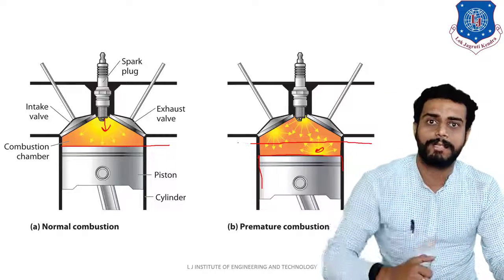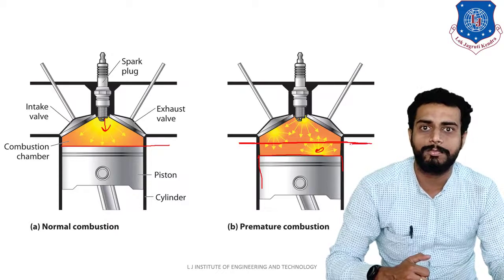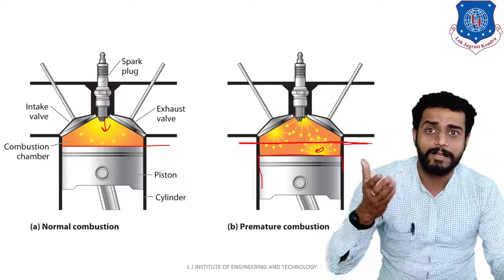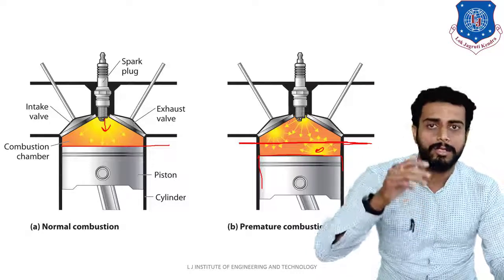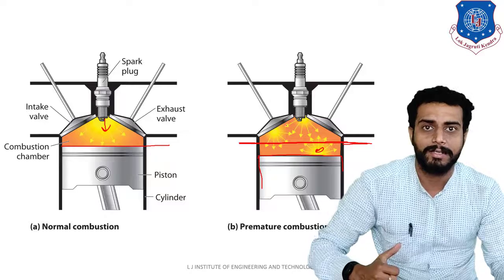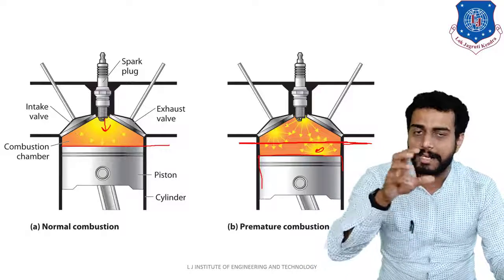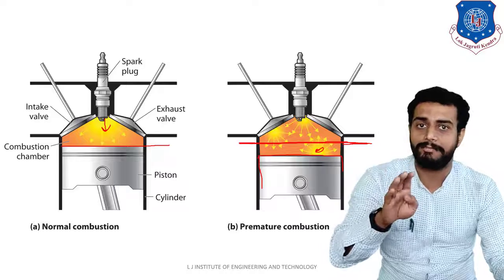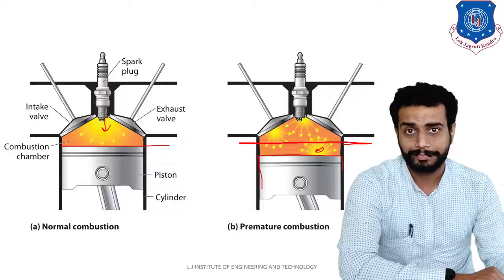Ideally the spark shall occur when the piston reaches this position. But here the piston has not reached that position, and the combustion has already started, because the temperature and pressure inside the cavity are equivalent to the self-ignition temperature of the fuel.